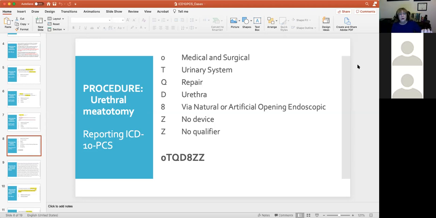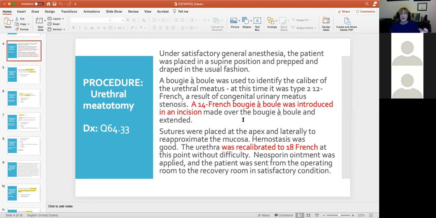And you can see here that meatotomy, let's go back to the actual meatotomy, is accurate because an incision was made into the meatus. Right. That's true. But the reason the incision was done was to repair it. So meatoplasty is more accurate, but they're both correct. And that's why you have to read the entire op notes or procedure notes so you get a better idea of what was going on.